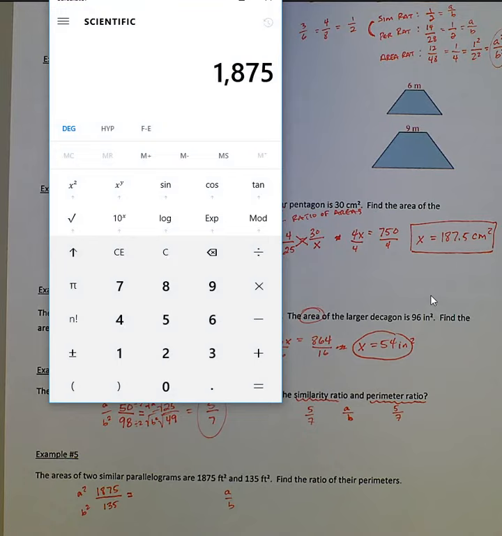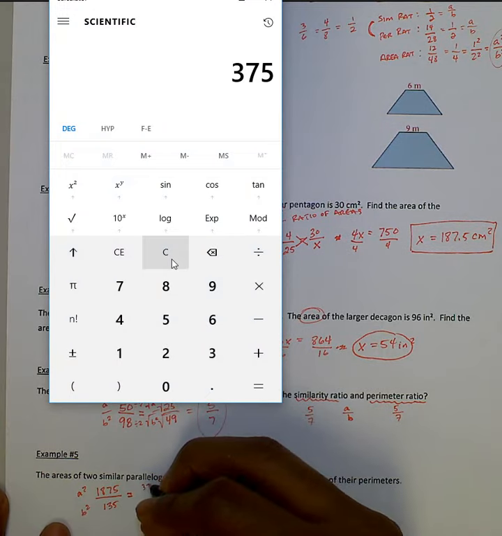First, make sure that these numbers don't just go evenly into each other, and they don't. Okay. So 1,875 divided by 5 gives me 375. I'll divide the bottom by 5 as well, which gives me 27.